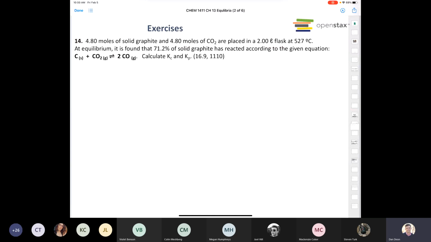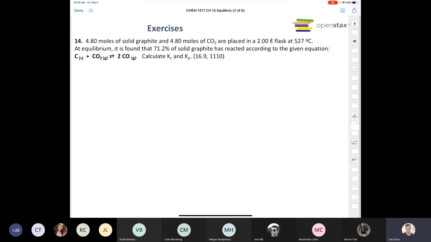Okay, let's see here. Some of these problems that are longer, I like to solve ahead of time. Question 14 says 4.80 moles of solid graphite and 4.80 moles of carbon dioxide are put in a 2-liter flask at 527 degrees Celsius. Who wouldn't want to do that, right?